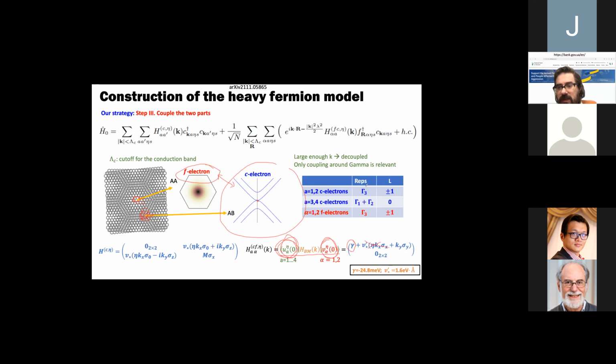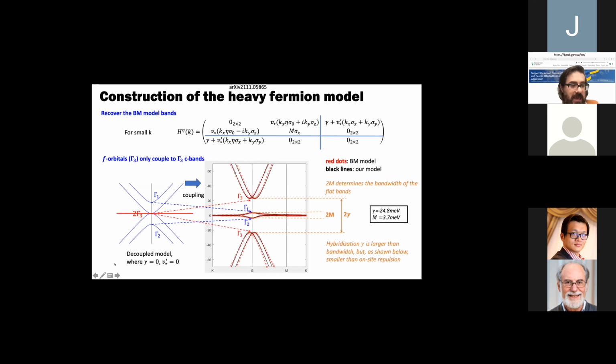It's a constant between the gamma 3 representation of the heavy fermion. Remember, the heavy fermion had the gamma 3 representation at the gamma point, and the gamma 3 representation of the conduction electron. These two gamma 3 representations repel by a constant term. So now we've reached the end of the heavy fermion mapping.